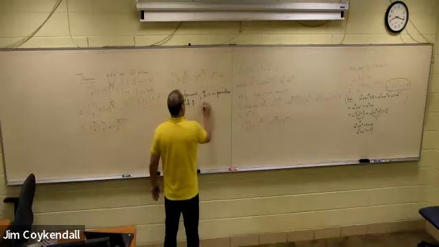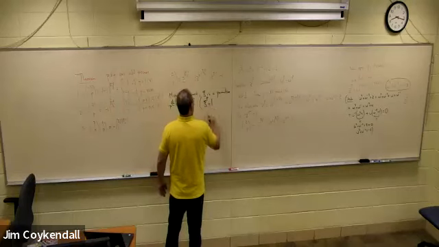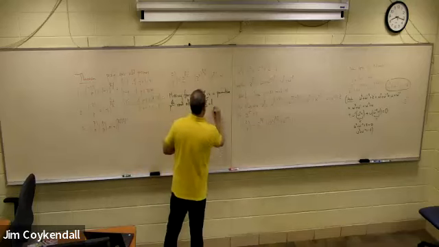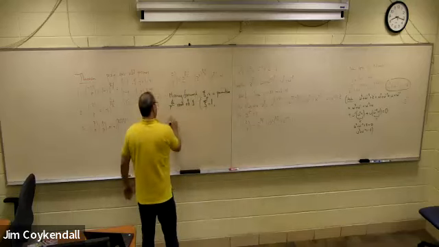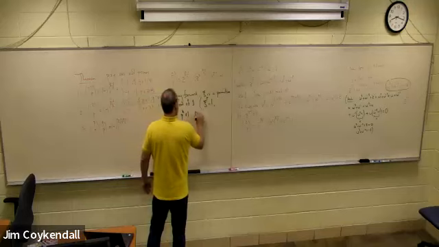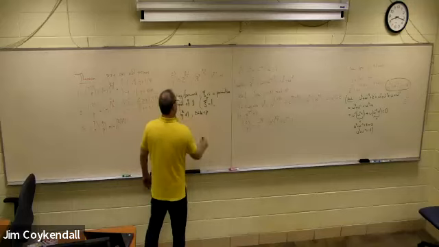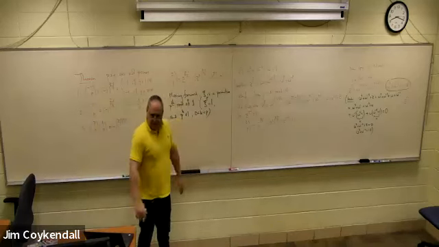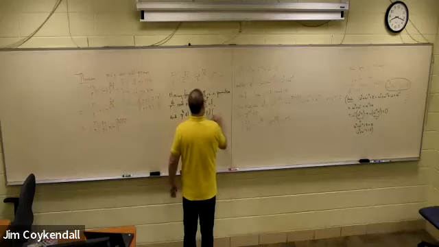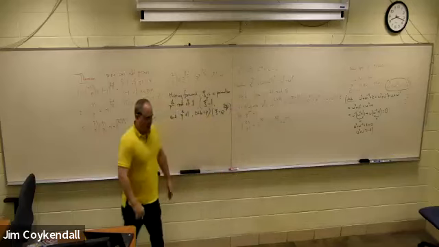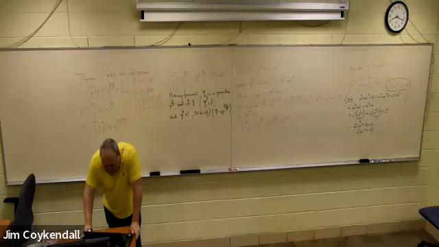So again, P is usually prime, but you can define this in general for any n, and omega to the K is not equal to 1 for K between 0 and P. So there's your primitive P-th root of 1. If you're in a field of characteristic 0, you might think of e to the 2 pi i over P, for those of you that are fans of complex variables and so forth.